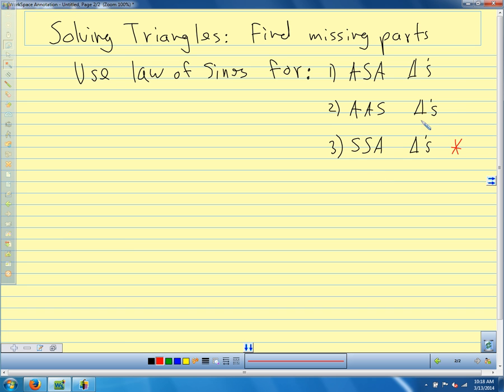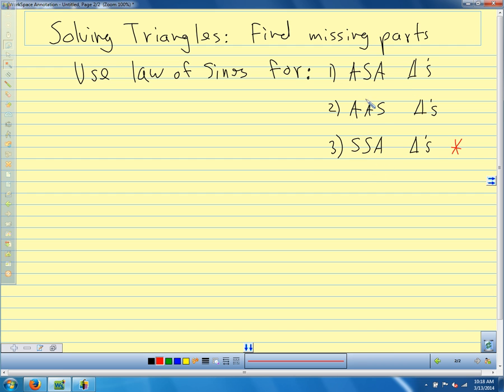When you talk about law of sines in Algebra 2, and you go on to pre-calc, you end up doing some more work with side-side-angle triangles. Because if we remember, we said that we can't show that two triangles are congruent using a side-side-angle theorem or postulate. It doesn't work. So that's why we have to be more careful.